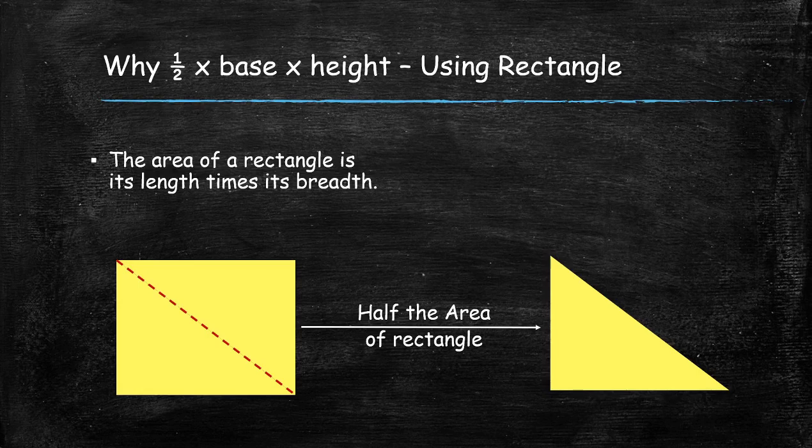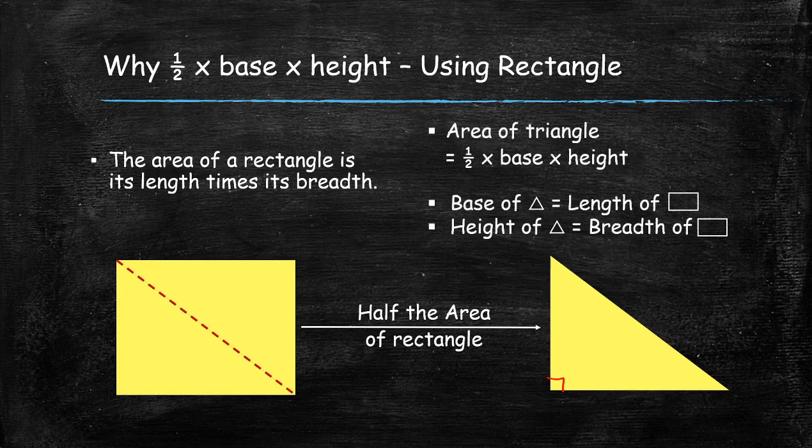I just denote this as a right triangle. Therefore, we get the area as half into area of rectangle, that is half into base into height. Here we have two right angle triangles in a rectangle. The base of the triangle is the length of the rectangle. The height of the triangle is the breadth of the rectangle.